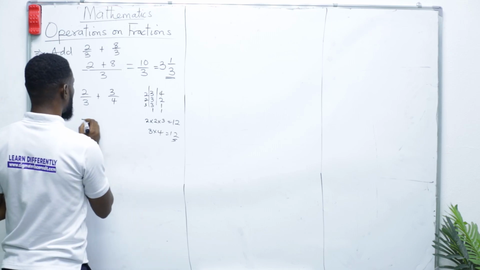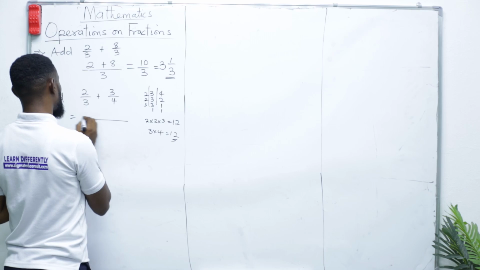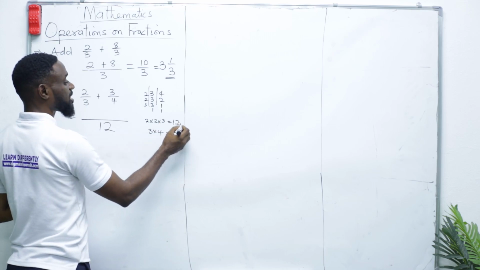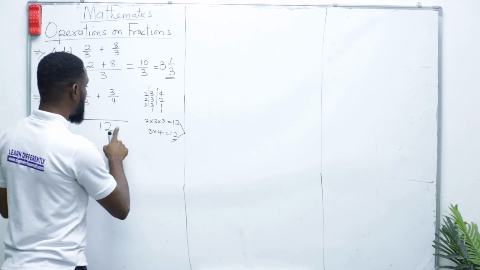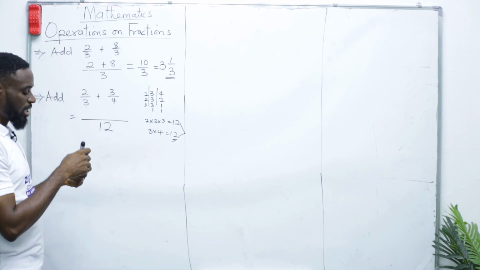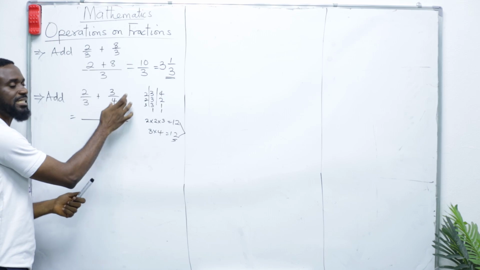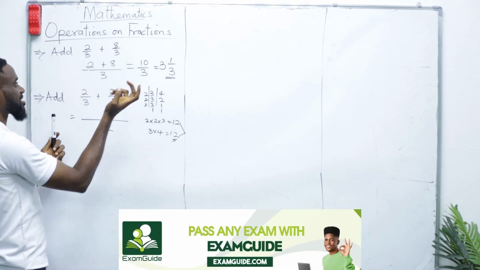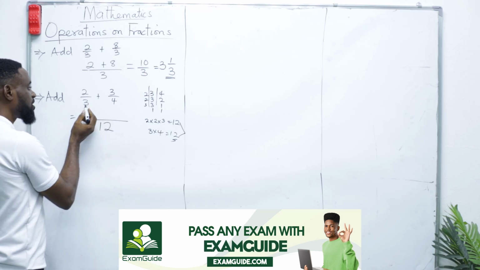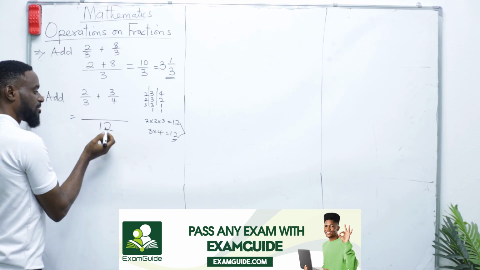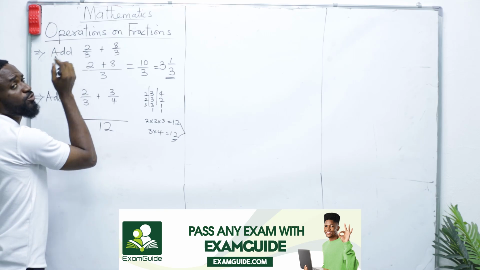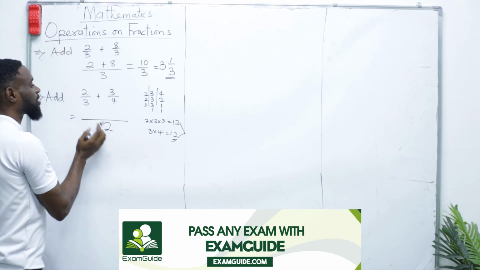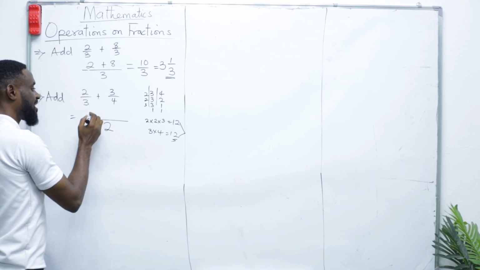So we draw a large line. Okay, so this is equal to a large line. Bring down this denominator now, this LCM, which is now their common denominator. It's now the common denominator for this and this. Do you understand? Then the next thing we do is as simple as that. This divided by this, the answer you multiply by the numerator. So 12 divided by 3 is 4. 4 times 2 is what? 8.